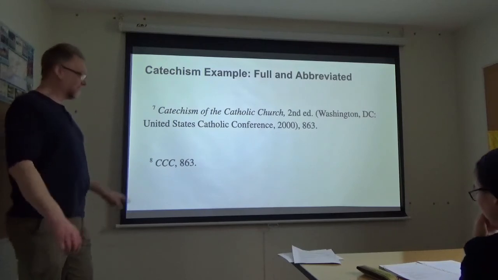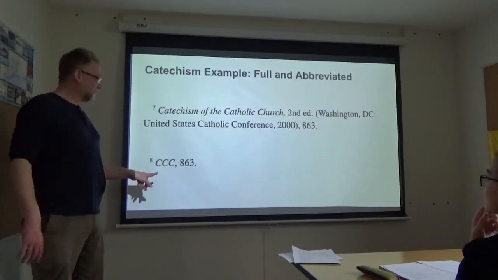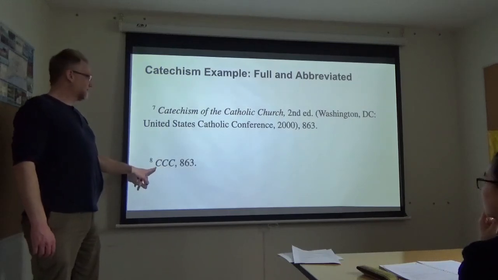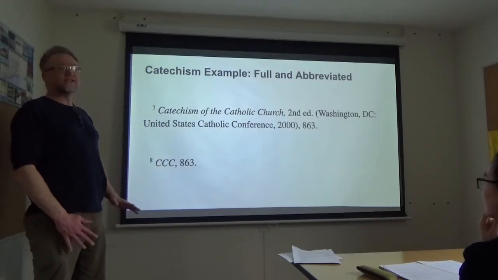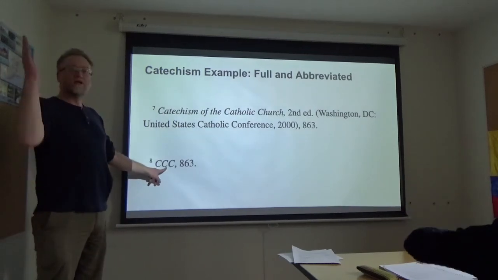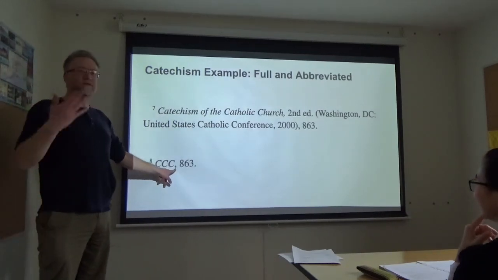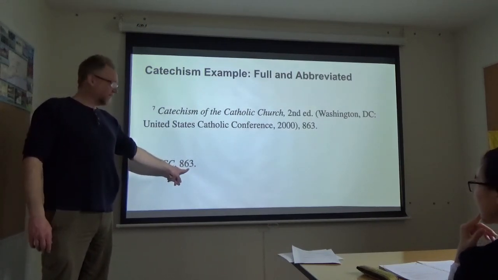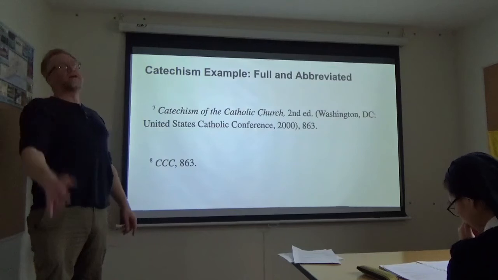Look at that one. So easy. So what do you have in the abbreviated one? CCC, and what is very important about that? Italics. Then a comma, space, and section number, and period.